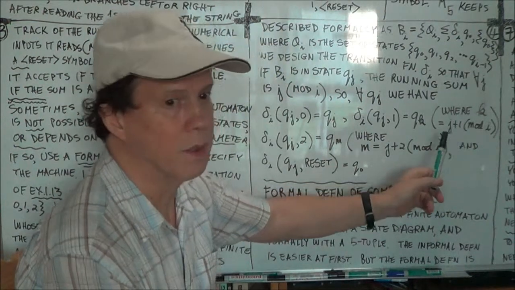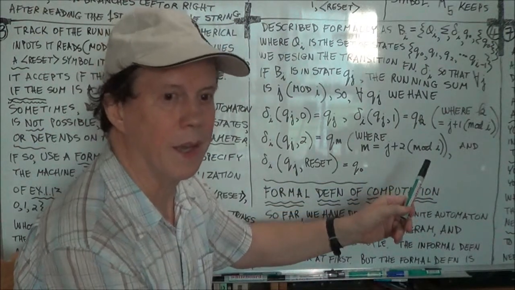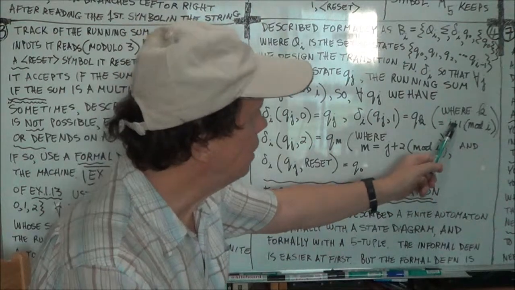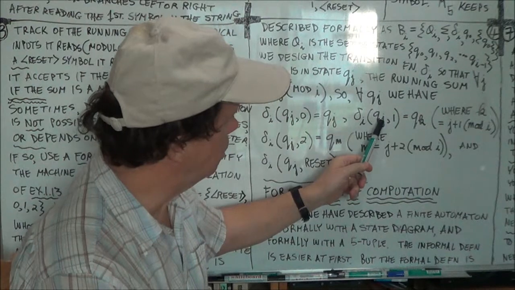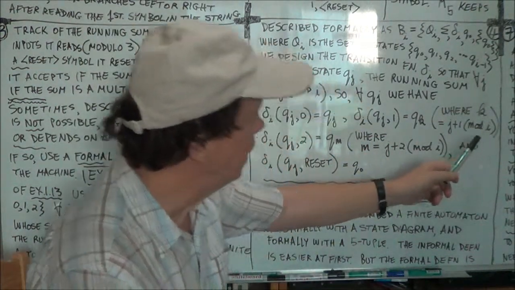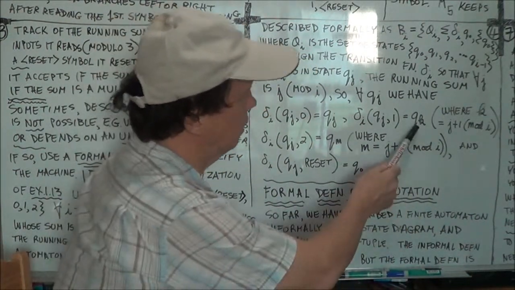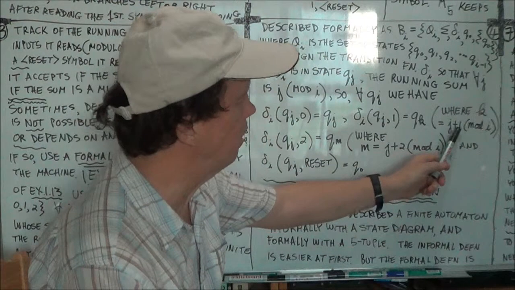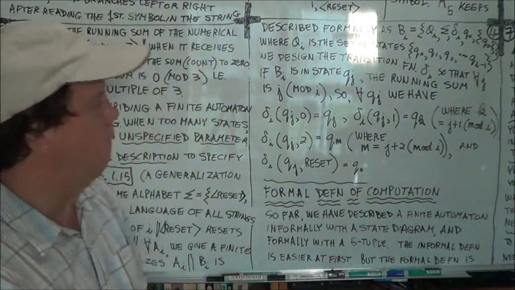And then you add 1 to it, so you've got I minus 1 plus 1, that's I. Well, if you mod it with I, you get 0. So you need to mod it, right? So take your qj, add 1 to it, and then mod it I, and then the result will be, call that qk, okay? Where now k is equal to j plus 1 mod I. Hope you follow that, okay?